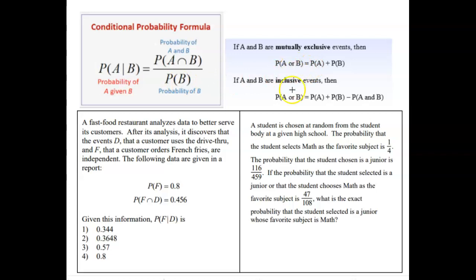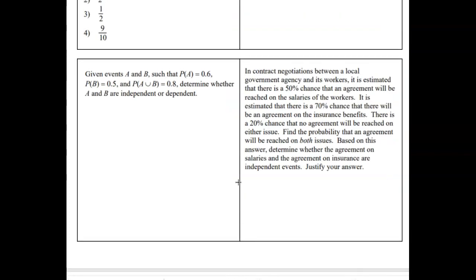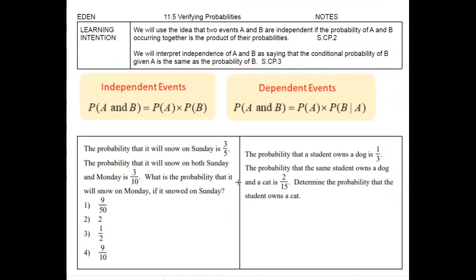And then the words and or and or. So if they're mutually exclusive, you can add their probabilities together. If they are not mutually exclusive or inclusive, then remember you add the first plus the second minus when they overlapped. So between these 6 examples, it's a good start, but I do ask things in a different way.